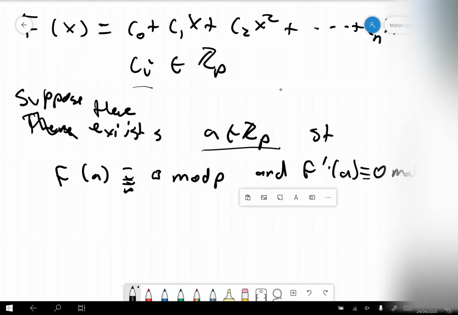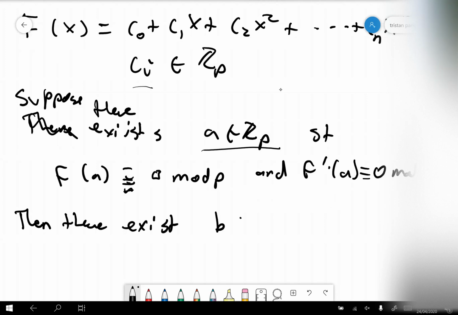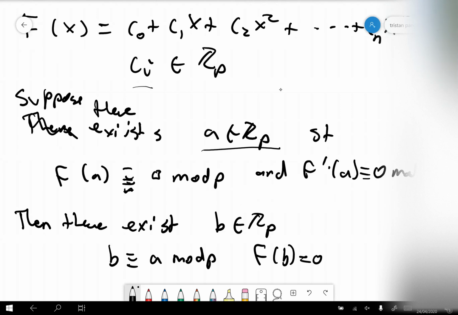Then the result says that there exists a P-Adic integer b such that b is a mod p. So that means b and a are the same mod p, and also f of b equals 0. So basically, Hensel's lemma says that if f has a 0 mod p such that the derivative is non-zero, then there exists a general solution in the P-Adic numbers.